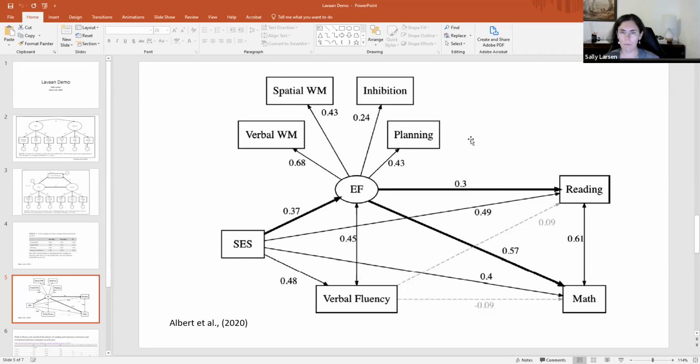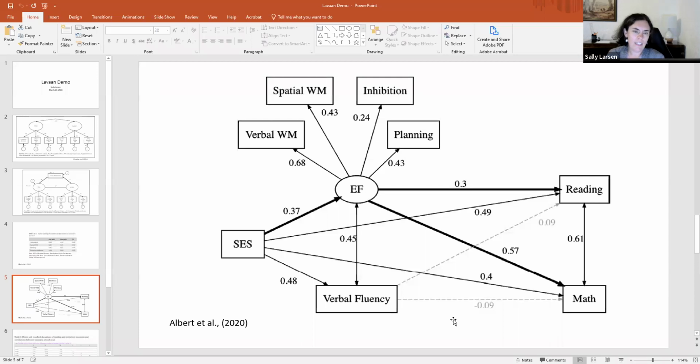These observed variables, some of them aren't the best predictors of executive functioning, but it works okay, it works quite well. But it's a good example just to show that you can fit a structural equation model, but if you're estimating every path, one, you run out of degrees of freedom eventually. And two, it's not a super strong test of any particular theory.